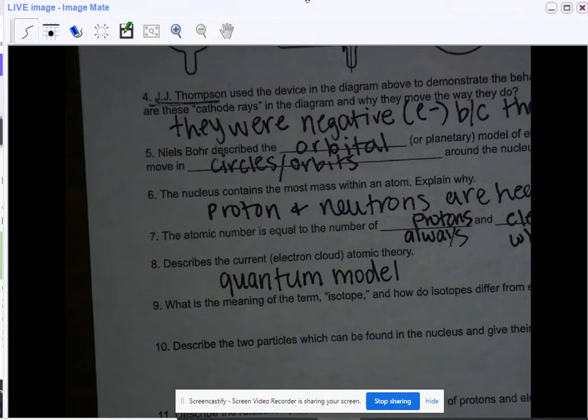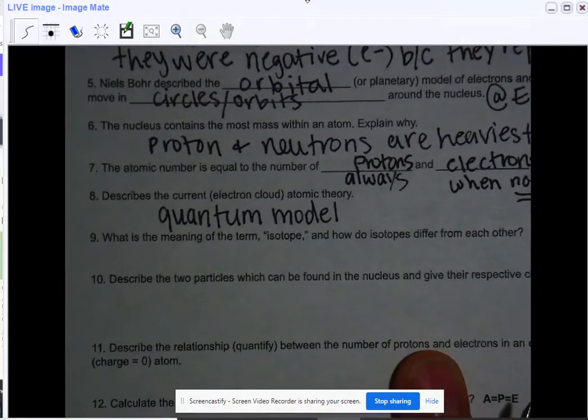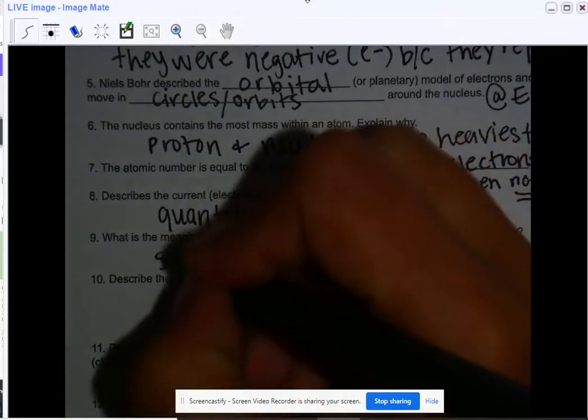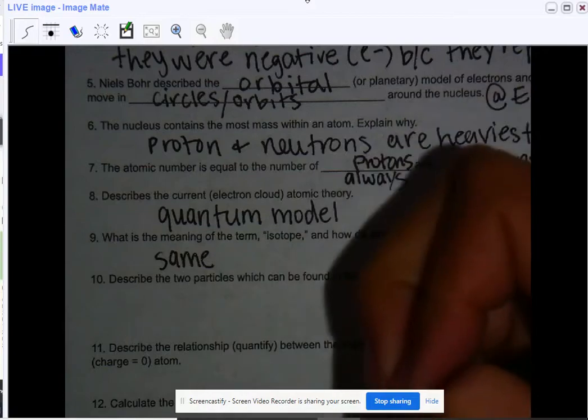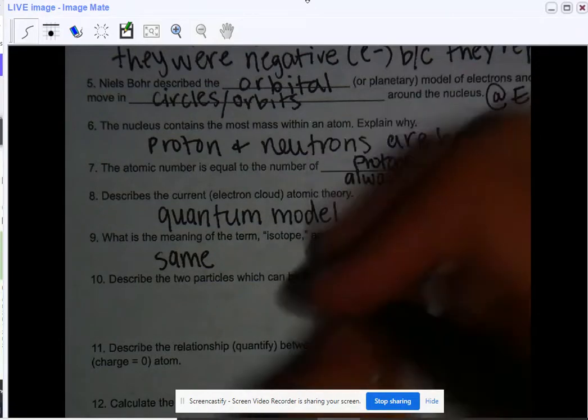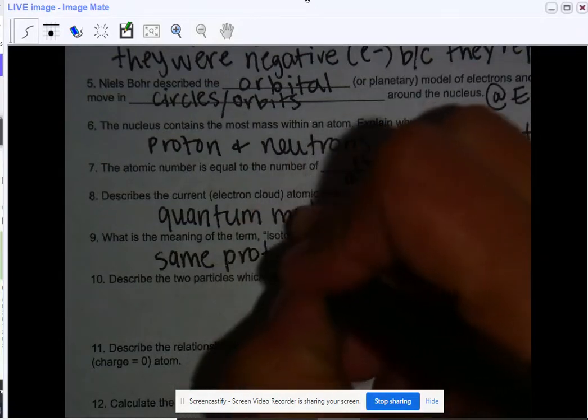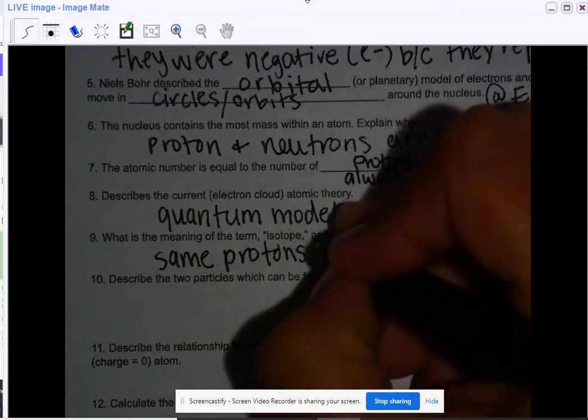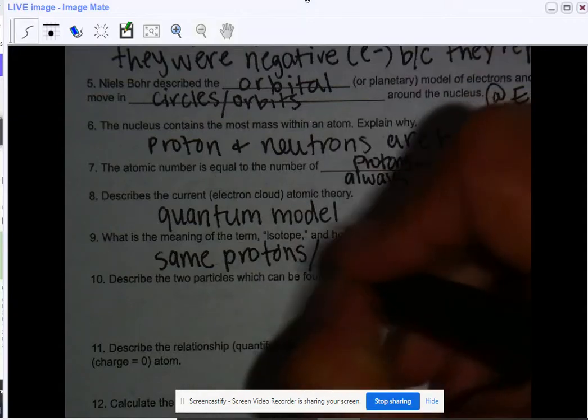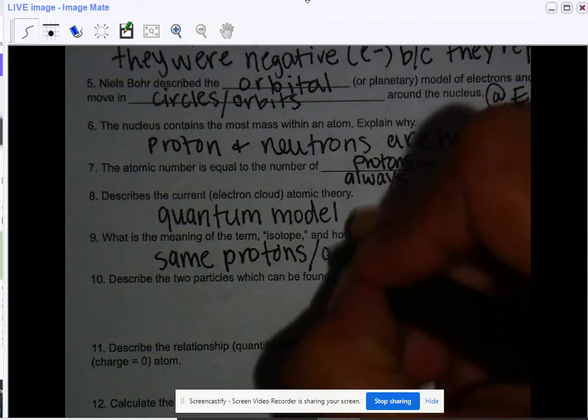Number 9. What is the meaning of the term isotopes? Let's just define what an isotope was. Same number of what? Or same what number? Same protons, which is, hold on, before we do that, which means same what? Atomic number, good.